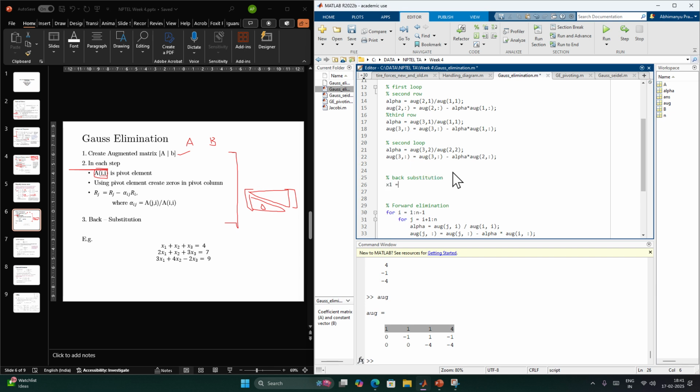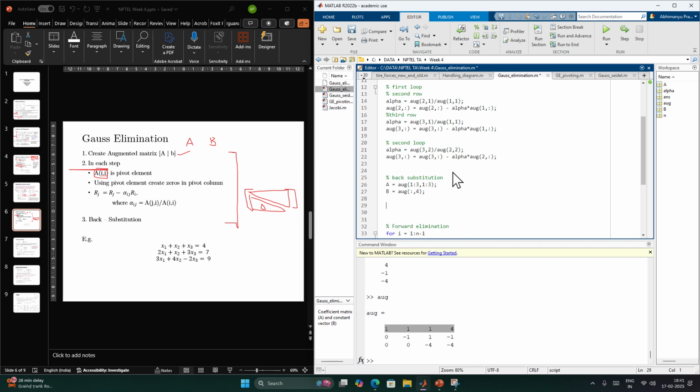Okay, so I will be starting with my x3. My x3 would be augmented(3,4) divided by a(3,3). Let us just get the A and B matrices. And now the matrix will be fine.